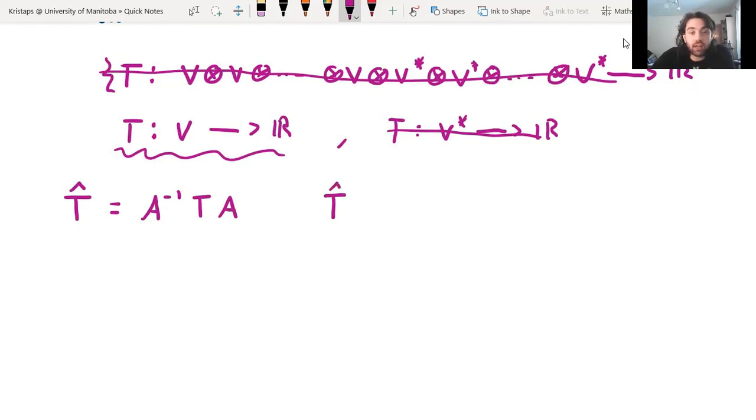This is T hat K L. Remember that we're now writing our matrices with one upper component and one lower component. And this is going to be A inverse, up here I'm going to put K I, T I J, A J L.